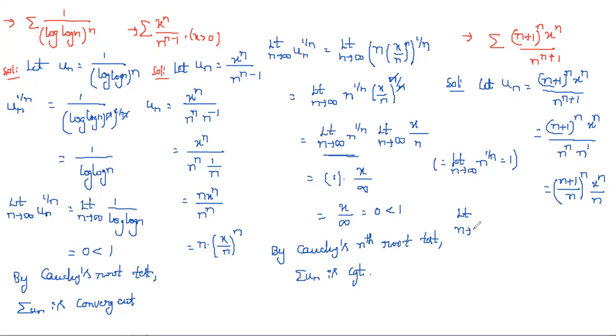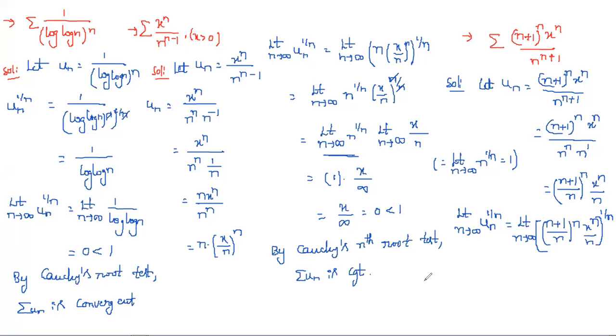What is the condition? Limit n tends to infinity un power 1 by n is equal to limit n tends to infinity of this total un, and how can you write this one? ((n plus 1) by n) whole power n into x power n by n, whole thing power 1 by n.